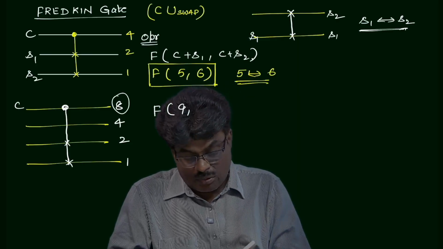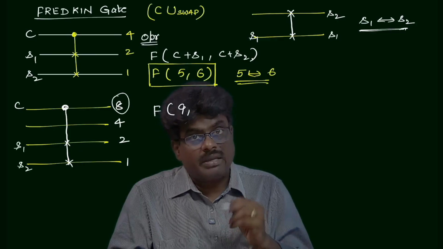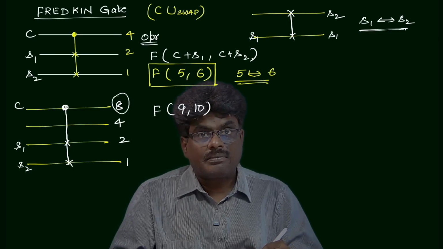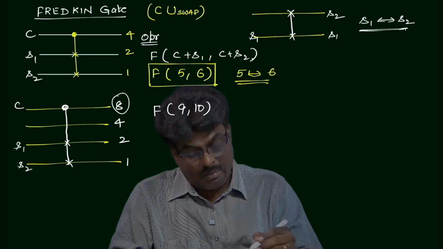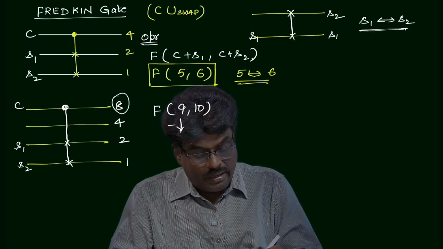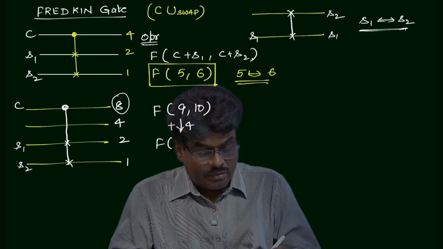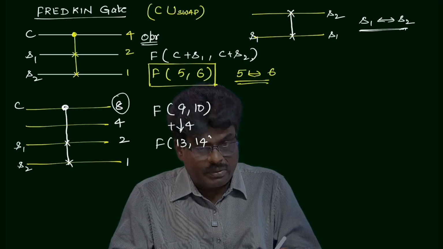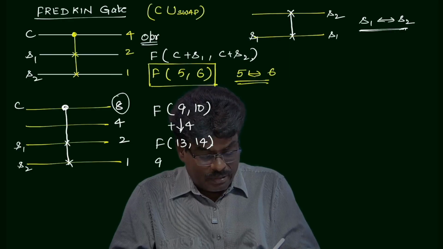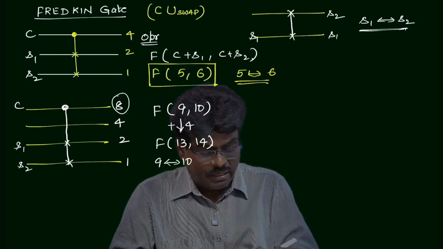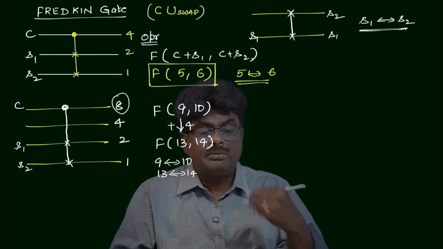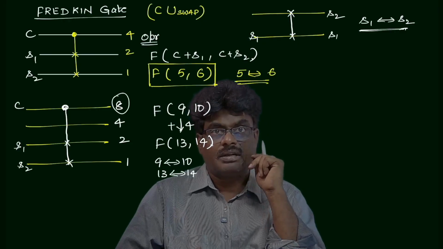So you have to add either S1 or S2. So 9 comma 8 plus 2, 10. Next, this 4 is remaining if you observe carefully. So as usual, same method. Earlier we have added that 4. So this is 13 comma 14. That's it. That means it flipped 9 to 10, 10 to 9, and 13 to 14, and 14 to 13. Clear? Right.